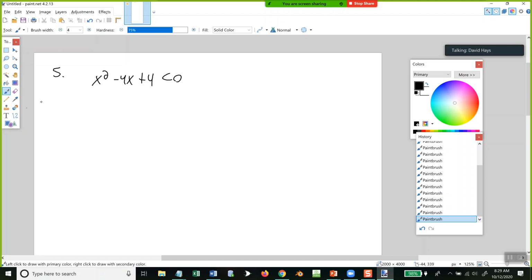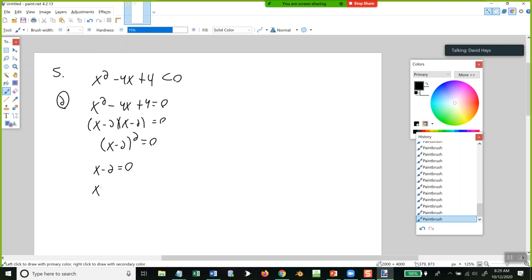Step 2, take the left side, set it equal to 0, and solve it. This factors as x minus 2 times x minus 2 using the PST method, or x minus 2 squared. I then set the factor equal to 0, x minus 2 equals 0, and I get x equals positive 2.